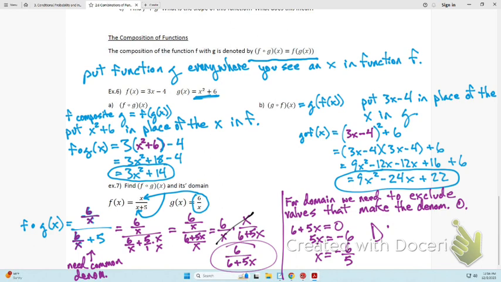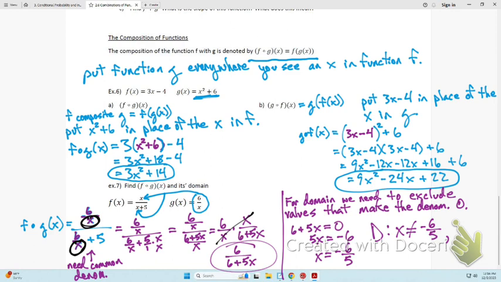So our domain is x cannot equal that value, but there's one more. What about this x, this denominator? I know we crossed those out, but you have to acknowledge the very beginning, because what if we plug in values at the beginning?